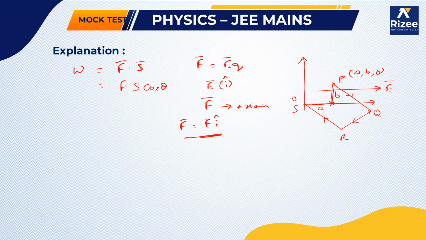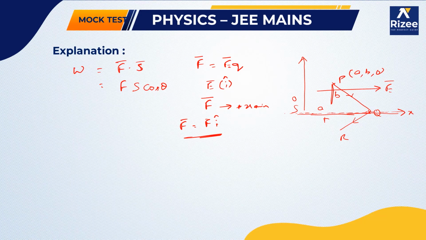So I have to draw this one again. From here it has been traveling. Let me take this dotted line here, this is your x-axis. Now let me erase this one.